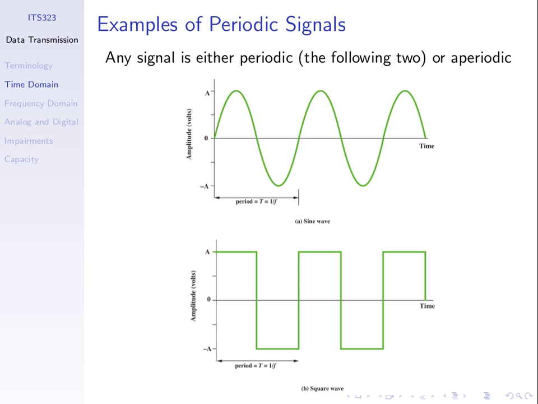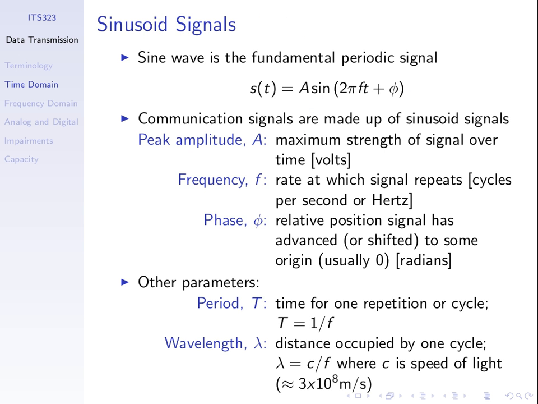So for now, we're going to look at, this is high school mathematics, the sine function, and look at some characteristics of it so that we can set up the real communication signals later. A sine wave or a sinusoid can be expressed as this equation mathematically.